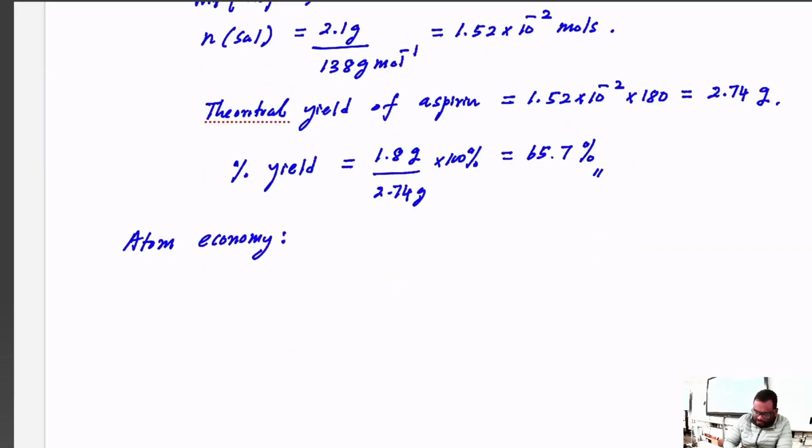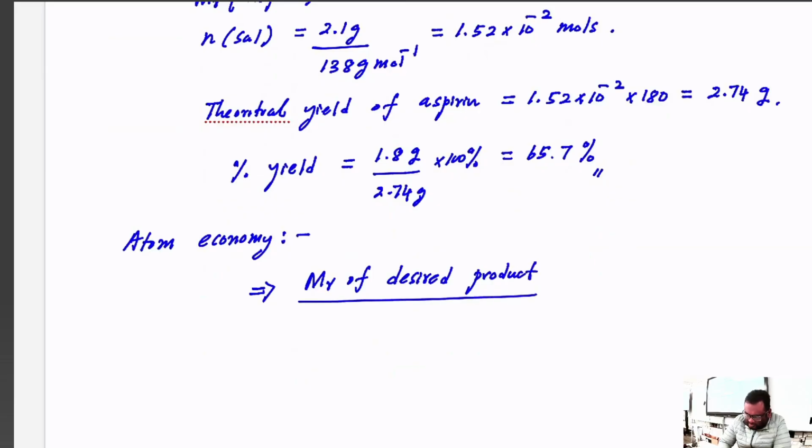Then let's think about the atom economy. Atom economy is the molar mass of the desired product divided by the molar mass of all reactants.